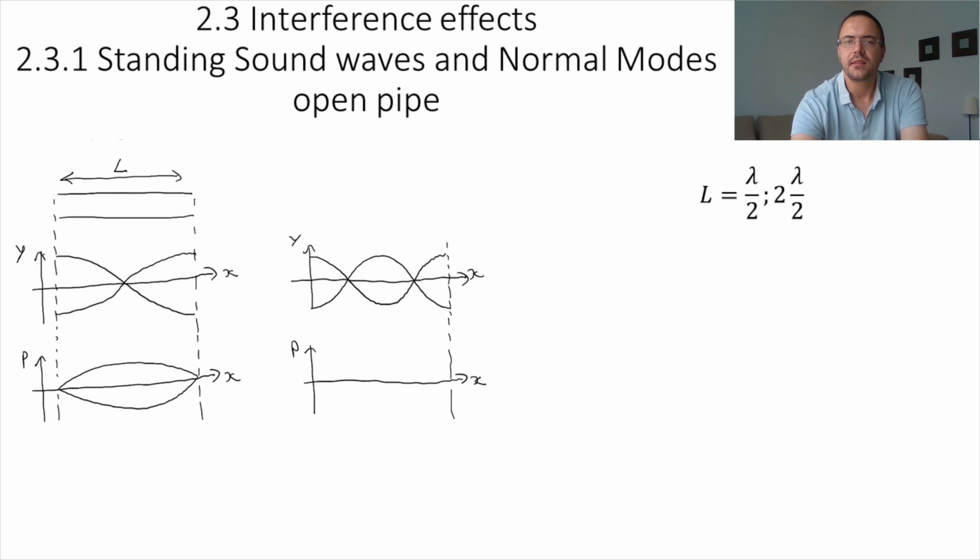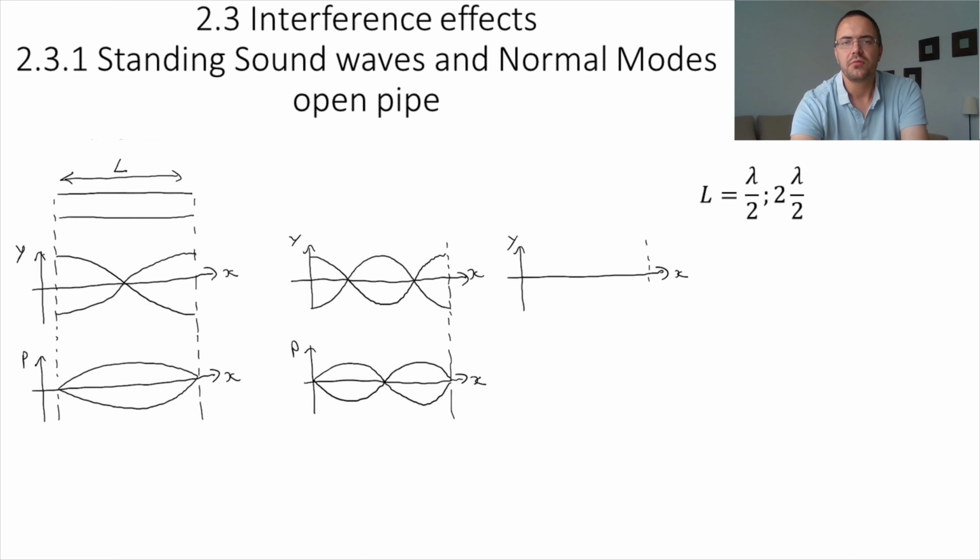We can also look at the pressure fluctuations. When there is an antinode of displacement, then there will be a node of pressure fluctuations. And when there is a node of displacement, there is an antinode of pressure fluctuations. Again, you see that the length is equal to 1 wavelength.